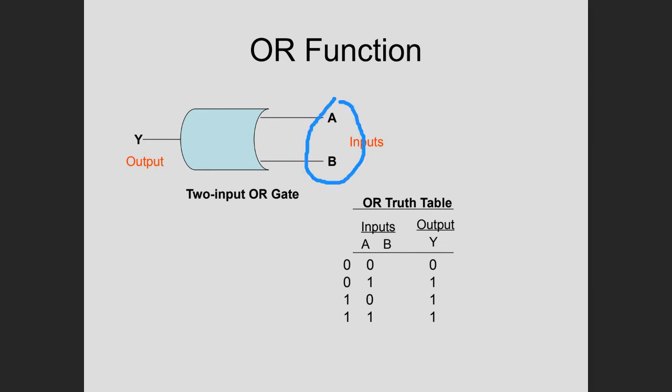So I should have this turned the other way. I don't know why this is flipped; I'll have to fix that. But the point is that here's a gate symbol for the OR, and then you have the rule, or the truth table, for the OR. In a second, we will talk about the Boolean expression for the OR.